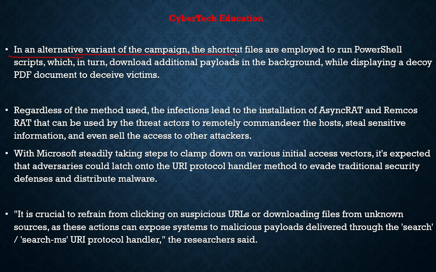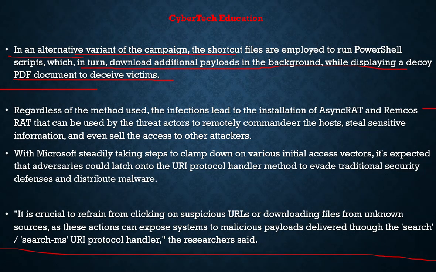An alternative variant of the campaign has shortcut files that run different scripting languages, such as PowerShell, which in turn downloads the additional payload in the background while displaying a PDF document to the victim. So this is how the scene comes about when we talk about the search-ms option.